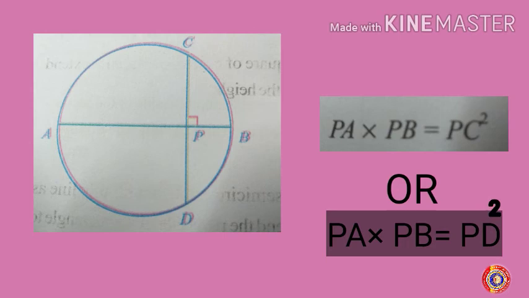Both intersect within the circle at a point P. Then the relation is PA into PB equal to PC square, or PA into PB equal to PD square, because the perpendicular from the center bisects the chord. So PC equals PD.